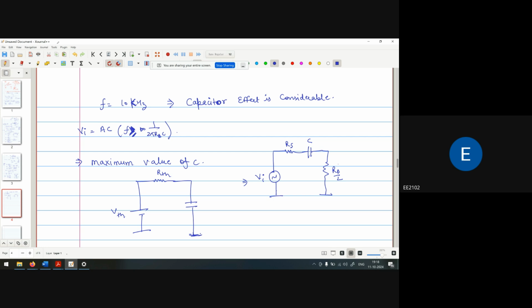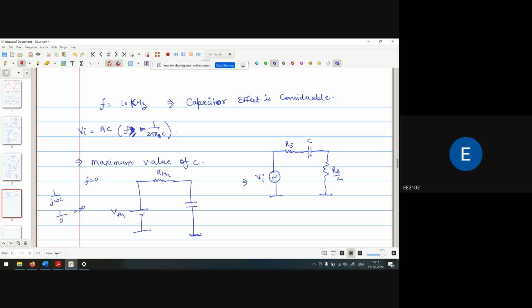Why does it block? Because the impedance of a capacitor is 1 upon j omega C. If f is 0 for the DC signal, 1 over 0 becomes infinite. That means for the DC signal, where frequency is 0, the impedance should be infinite, so it will not be allowed to pass anything. And for an AC signal, it will be allowed to pass everything.